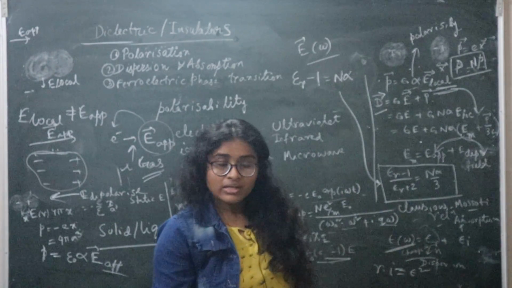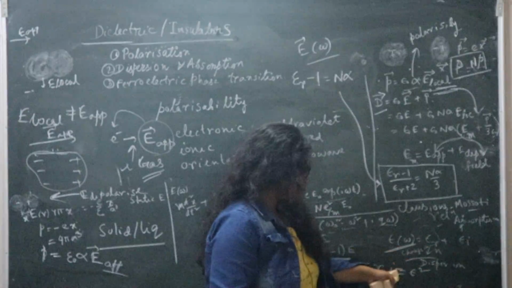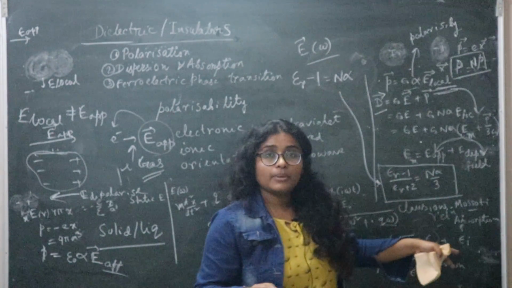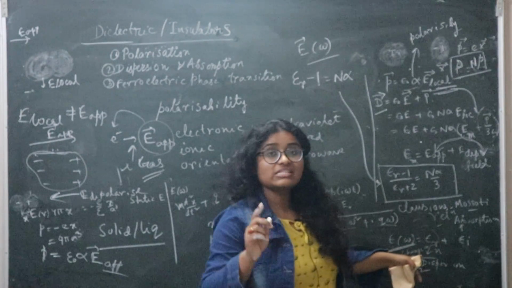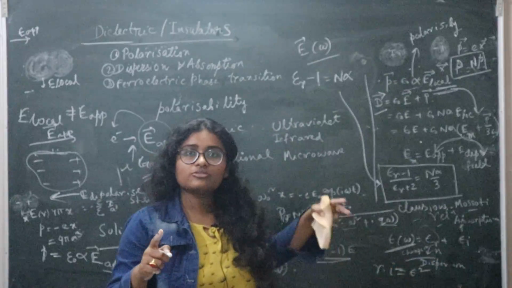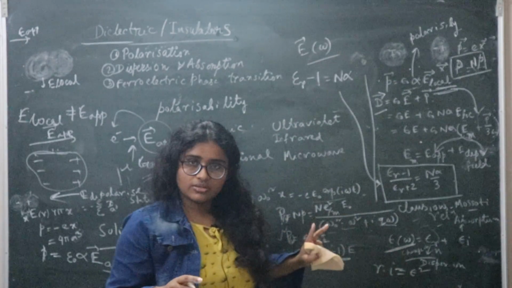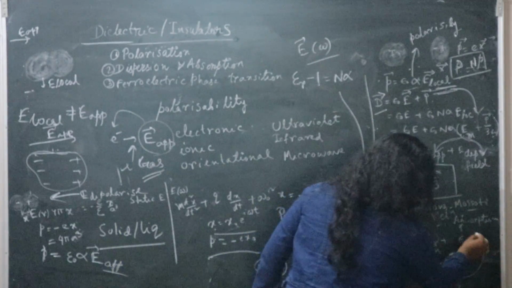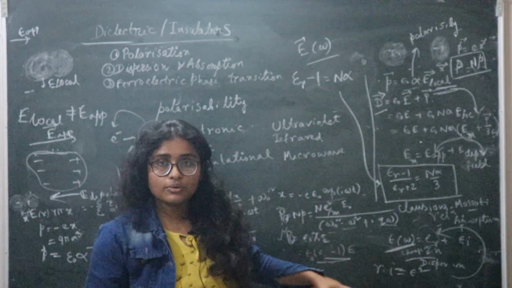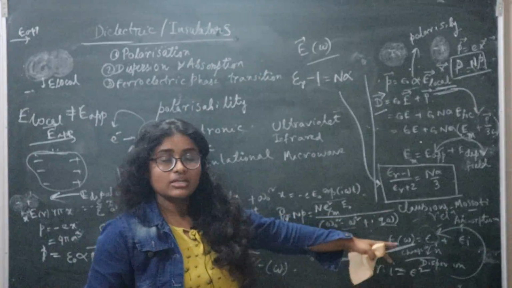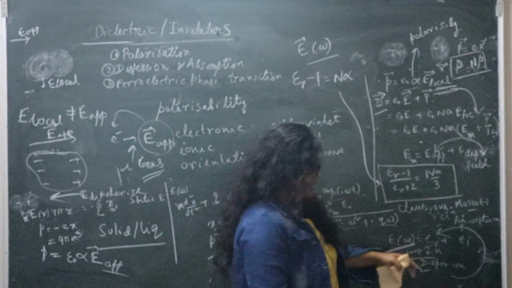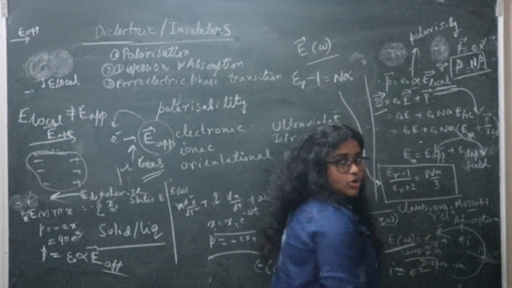Whenever the dielectric constant varies, the real part will also vary, so a change in the real part corresponds to a change in the refractive index. A change in refractive index with frequency means dispersion. So the concept of dispersion has been introduced here: the change of refractive index with frequency is called dispersion, that belongs to the real part of the dielectric constant, and the imaginary part tells you the absorption.